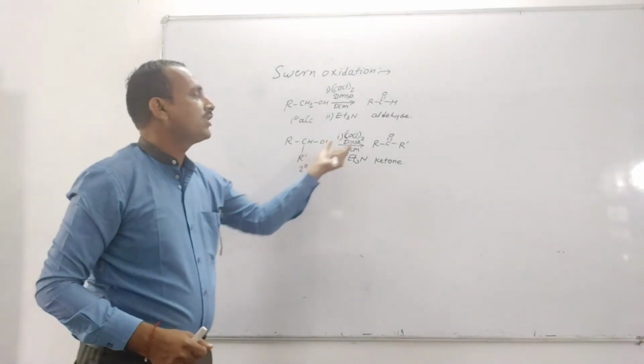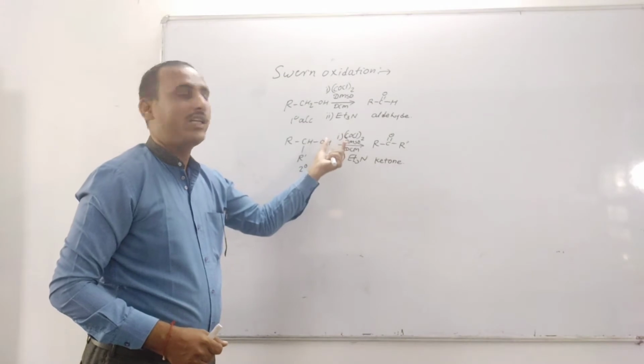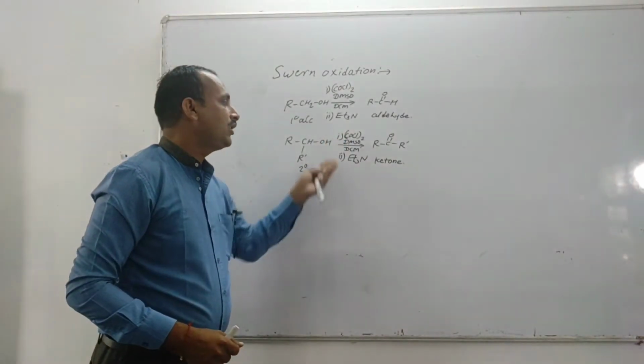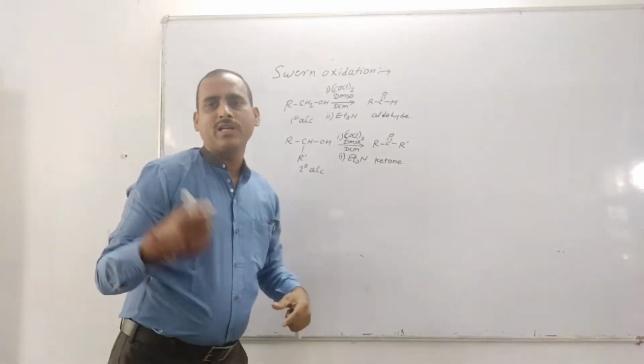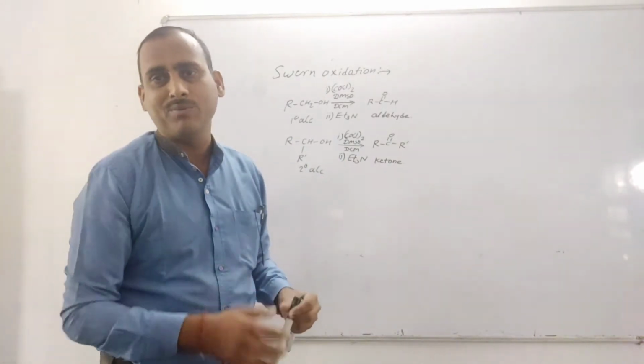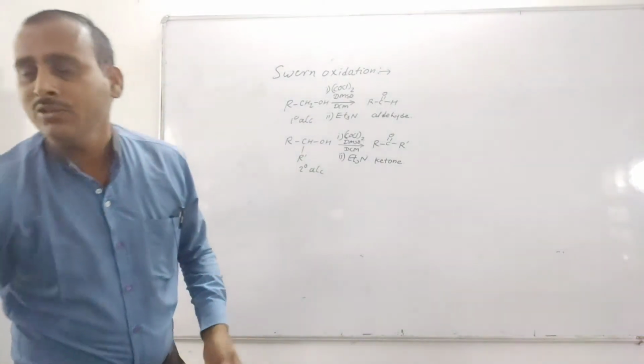Similarly, a secondary alcohol is oxidized to a ketone. Here again the Swern oxidizing agent, oxalyl chloride, DMSO in DCM solvent, and triethylamine as a base, which is used for the abstraction of a proton. Now let's see the mechanism of this reaction.